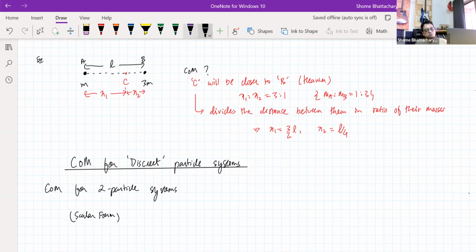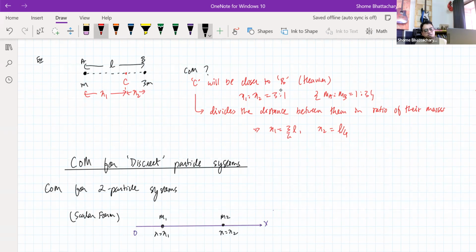In the scalar form, we define the line on which the two particles are lying as our x-axis, or for that matter, any axis. Our two particles are individually located at some positions: m1 at x equal to x1 and m2 at x equal to x2.